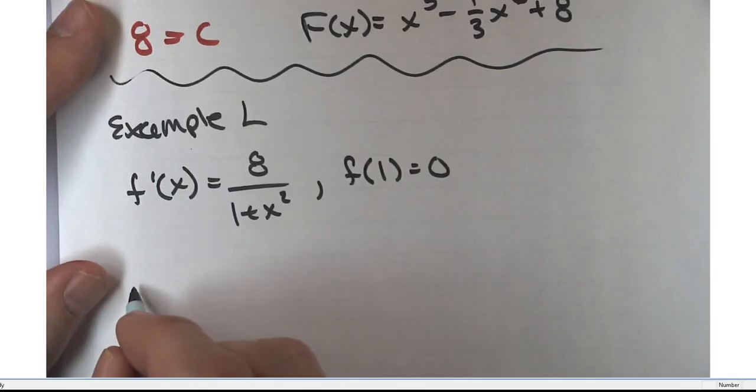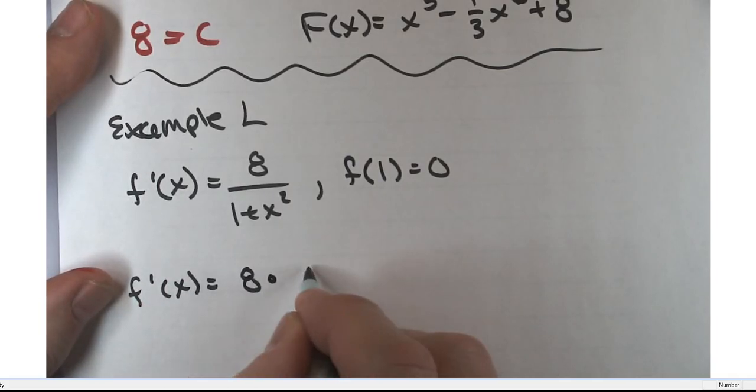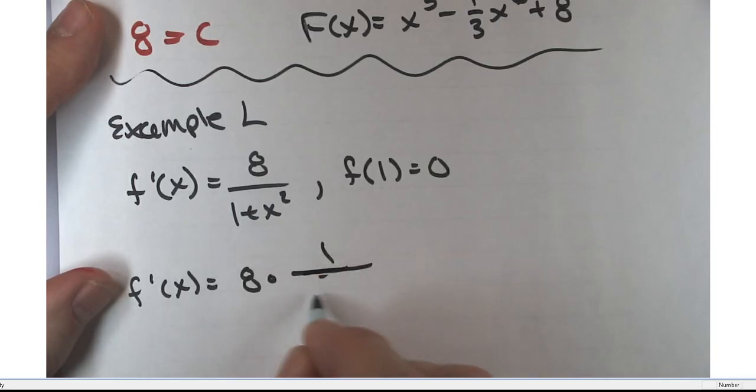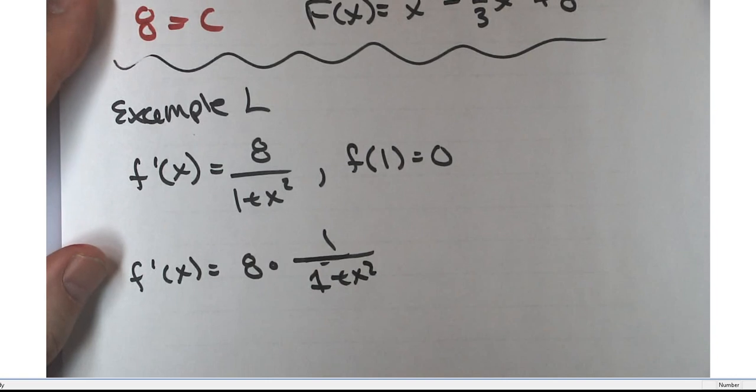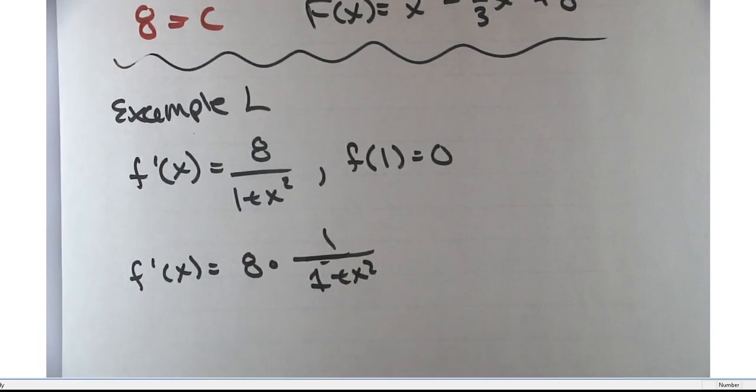It might help you a little bit to rewrite this as 8 times 1 over 1 plus x squared. In terms of finding the antiderivative, this is one of those ones that I don't expect you to know. And if you're curious about how many different rules there are, let me give you an abbreviated look at the number of rules here.